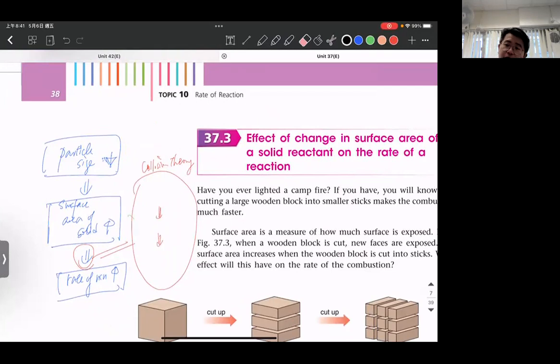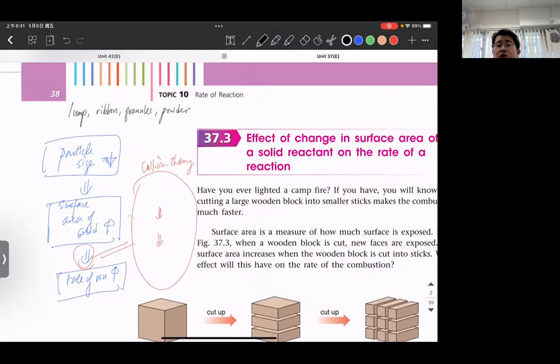Now, you may have heard of so many different names, right, of the description of a solid. For example, lumps, ribbon, granules, powder.